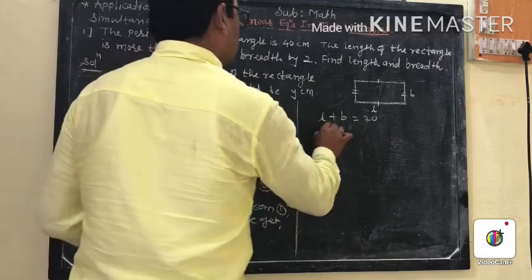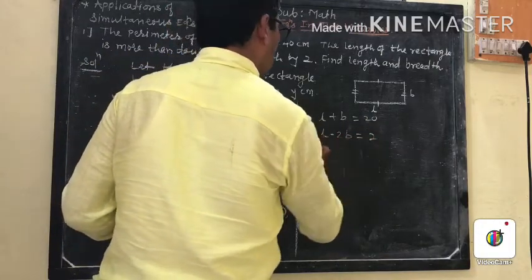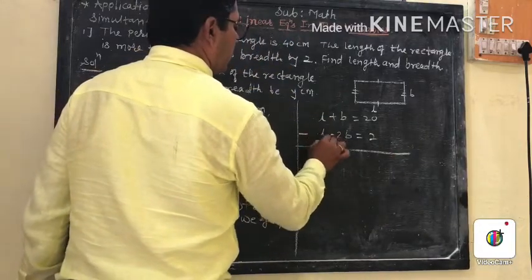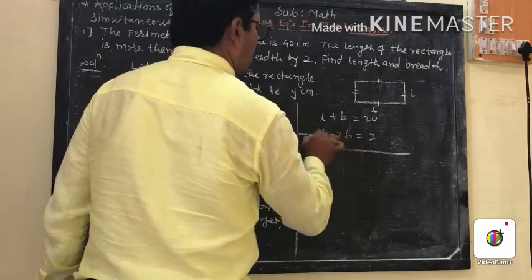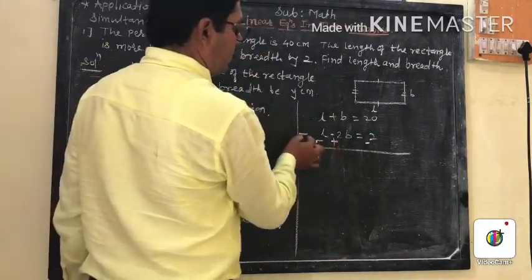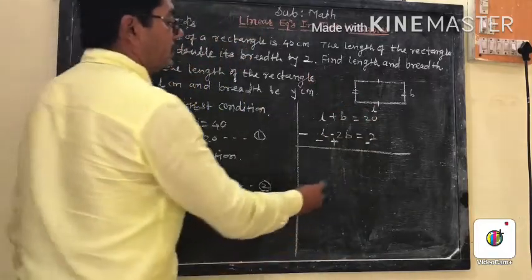L minus 2B is equal to 2. Subtracting equation, minus plus minus, minus minus plus. Now if you use the minus sign, then only addition of like terms.